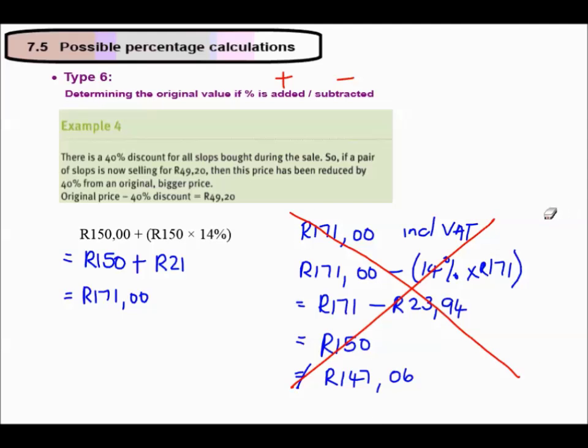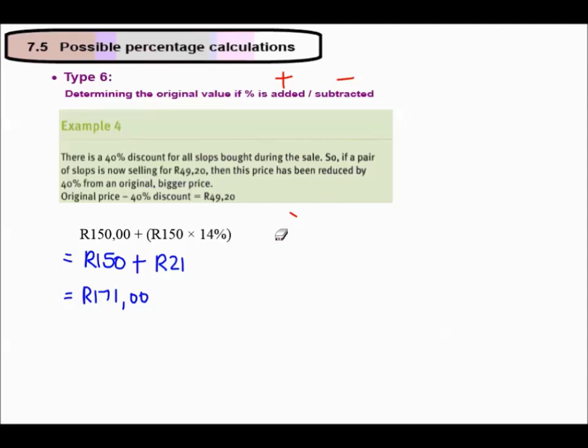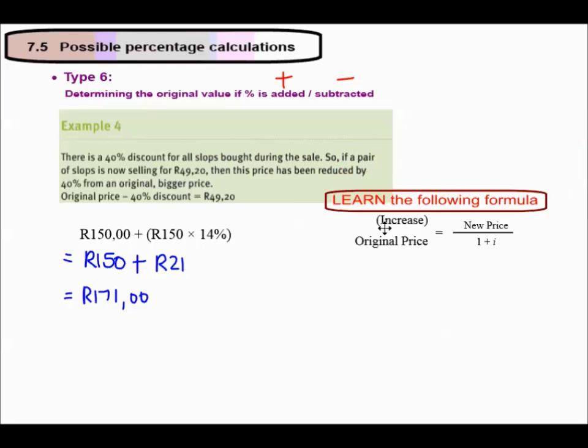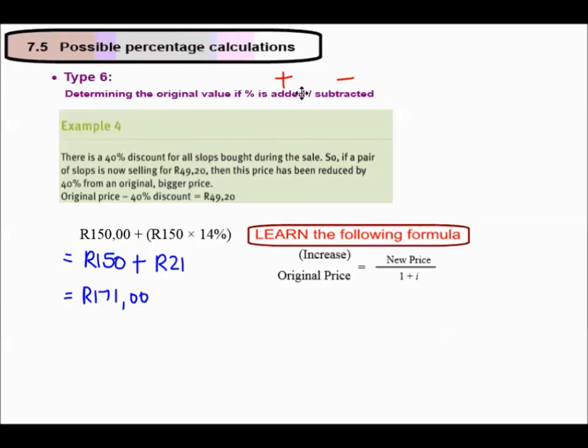What we have to do is take 171 Rand, and this is the other formula that you have to learn. Increase means add. So do you see I have my add sign there, and I'm going to have 1 plus.